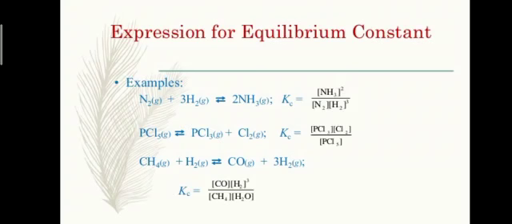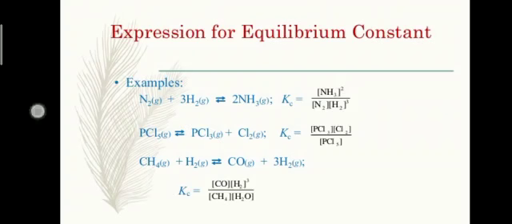While writing its Kc value, it will be equal to the concentration of ammonia, that is the product, to the concentration of the reactants, that is nitrogen and hydrogen. Similarly, methane and water form carbon monoxide with the release of hydrogen. So carbon monoxide and hydrogen are the products.